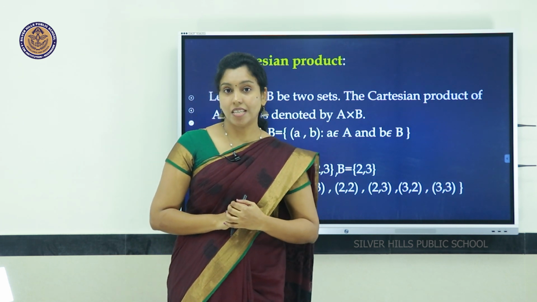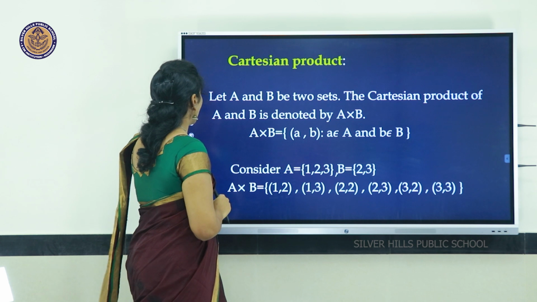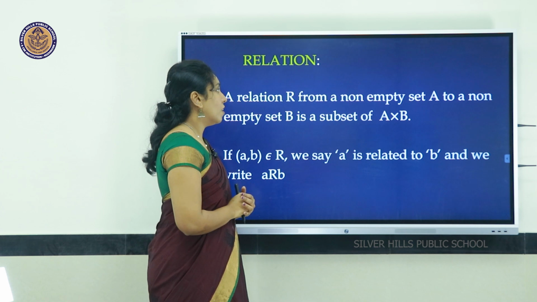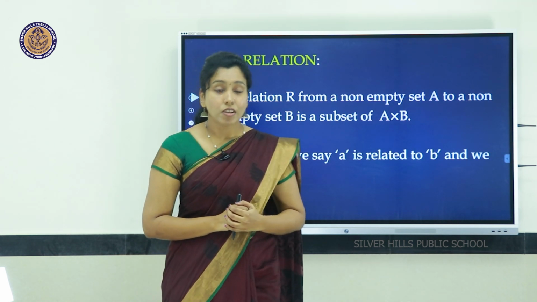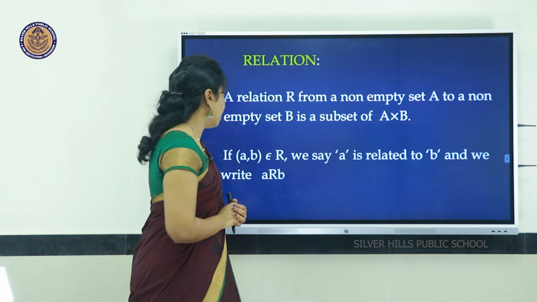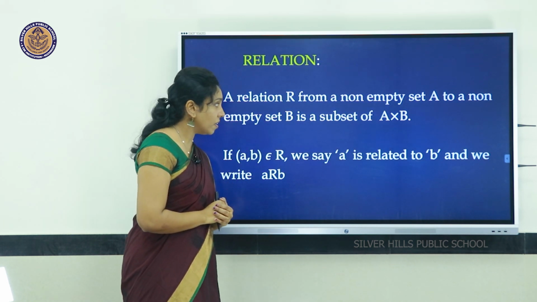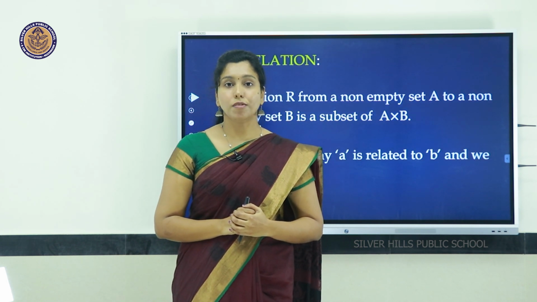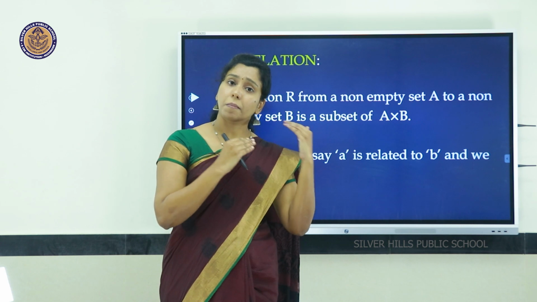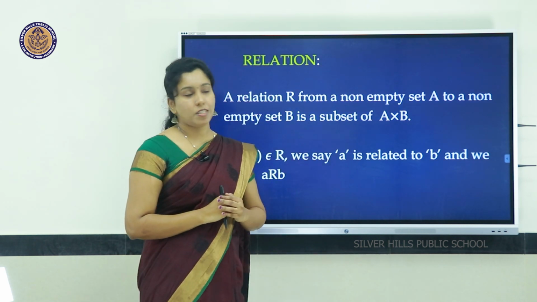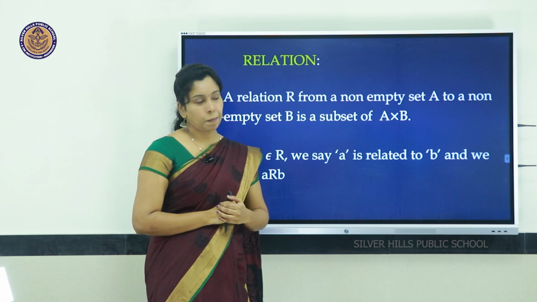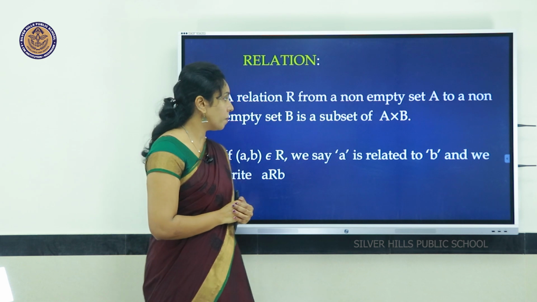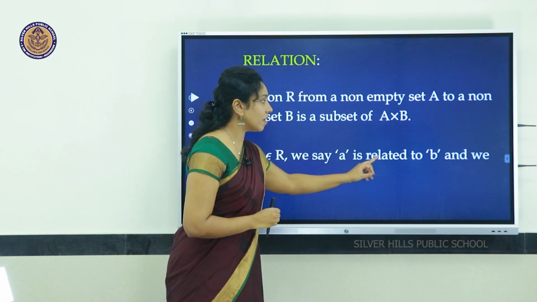And you know this, what is A cross B? After that, we discuss relation, the definition of relation. What is the definition of relation? A relation R from a non-empty set A to another non-empty set B is always a subset of the Cartesian product of A and B. That is, a relation from A to B is always a subset of A cross B. And then if a pair (a, b) belongs to our relation R, we would say a is related to b.